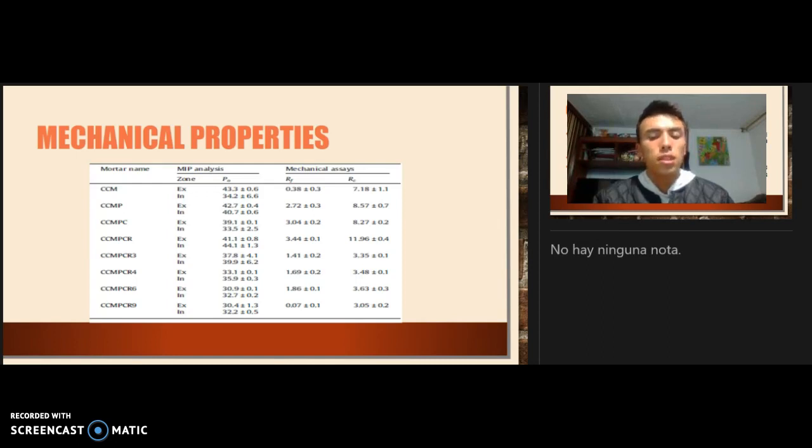We can also see that the last mortar has a much lower resistance value. This is because it has too high an aggregate content, and this results in a mortar with poor cohesion between the grains and consequently less mechanical resistance.